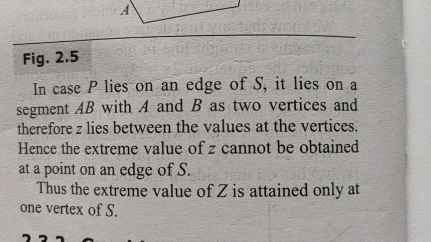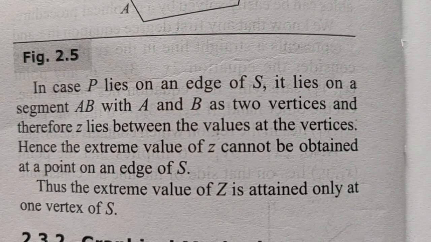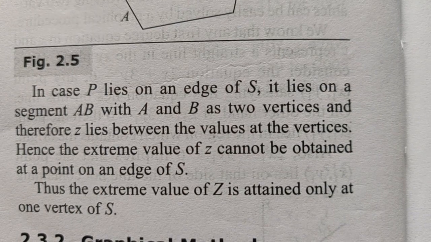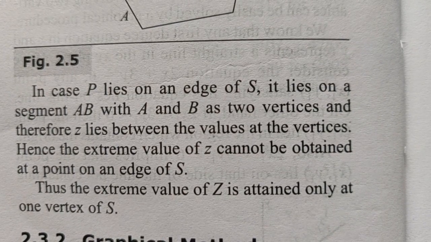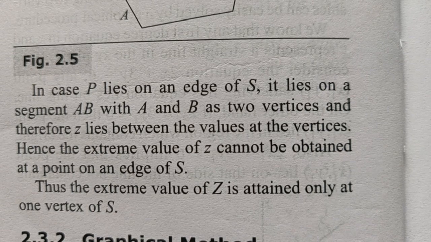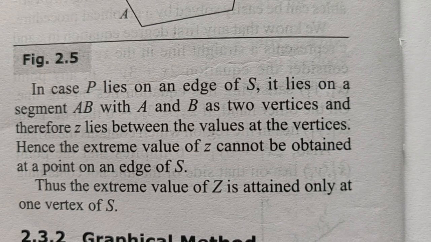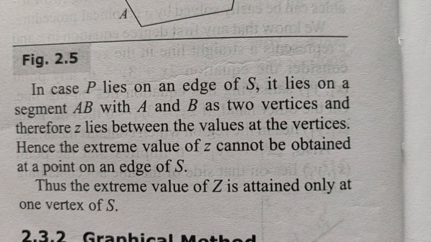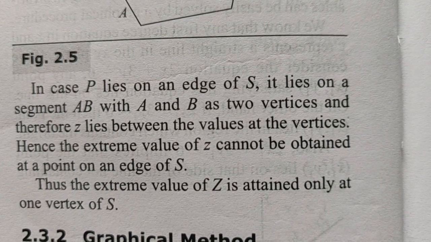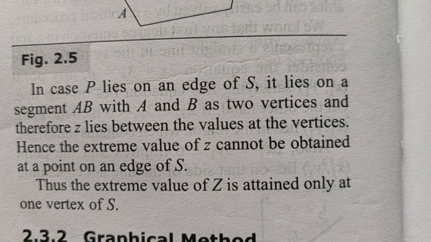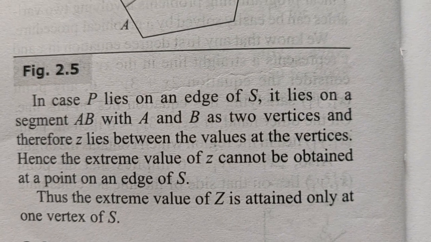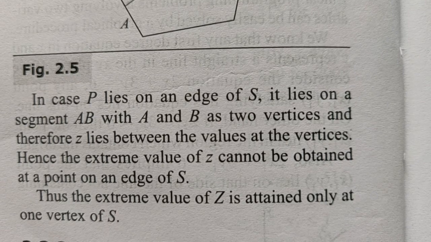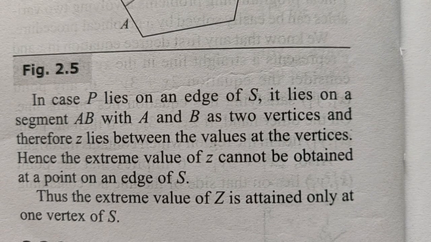Hence the extreme value of Z cannot be obtained at a point on an edge of S. That means the extreme value of Z is attained only at a vertex of S. So the theorem says the extreme value, the maxima or minima, will be attained only at the vertices of S. This was our result which we were trying to prove, and we have easily proved it.